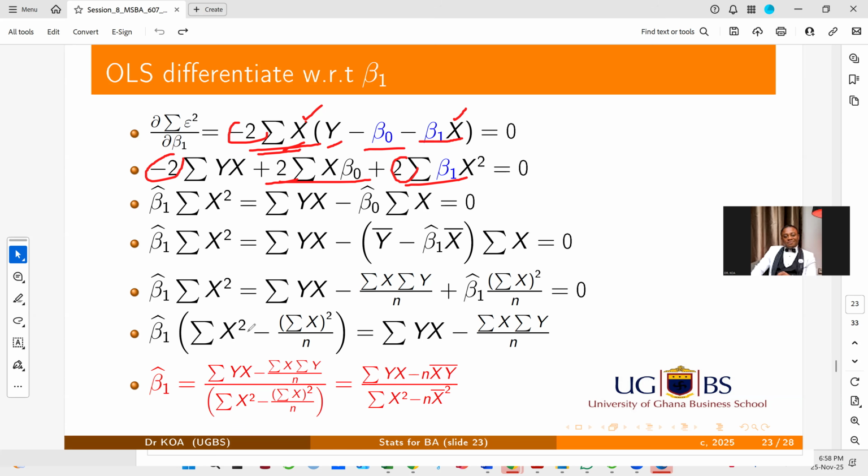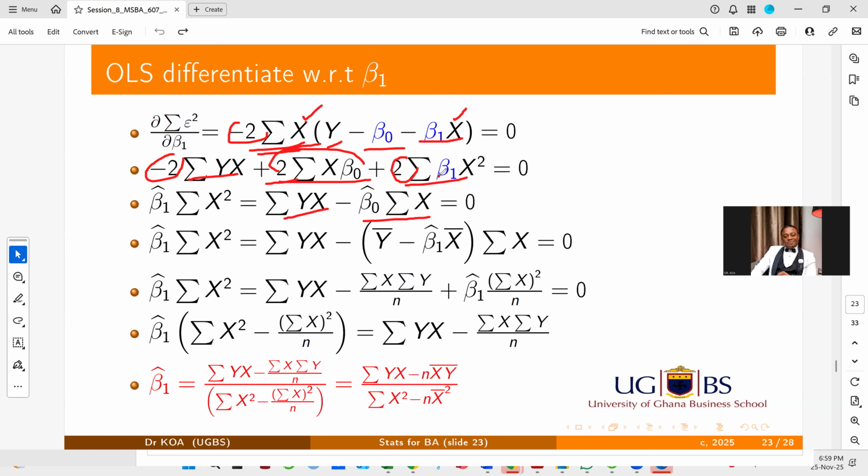Okay. Now, at this stage, you are looking for beta 1. So you group like things. So everything here should come to the right-hand side. Okay. So here, I just group like things. And then this one will come to the right-hand side. And then the second one will be the beta naught.